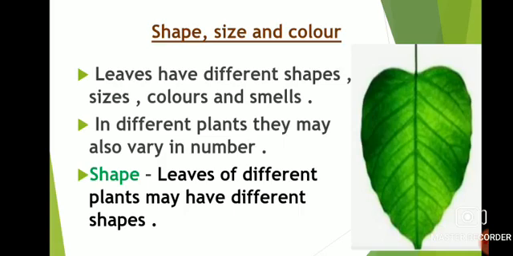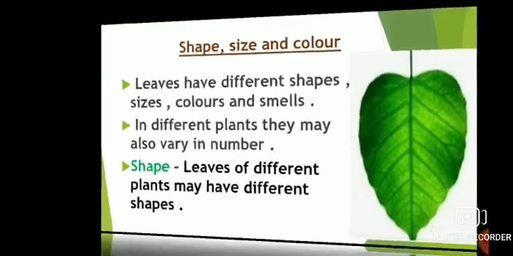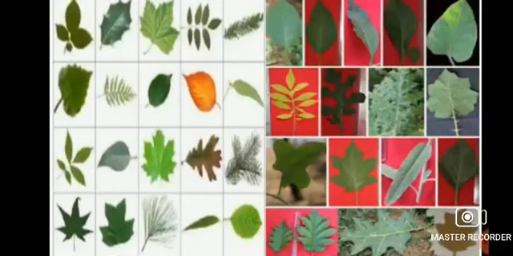For example, peepal leaves are heart-shaped and the leaves of the guava tree are oval. There are some leaves which are hand-shaped, some are sphere shaped and some are needle shaped. Here in this picture, you all can see the image of different shapes of leaves.